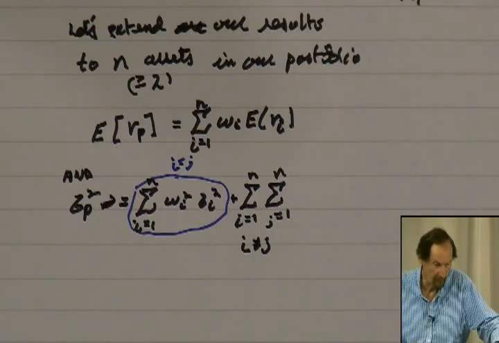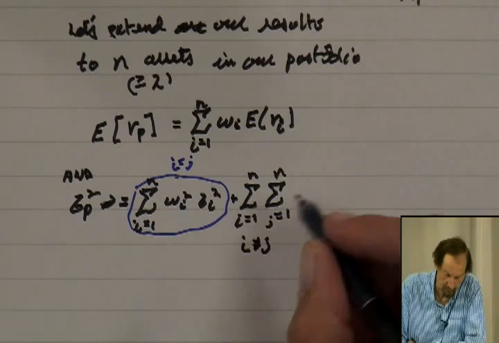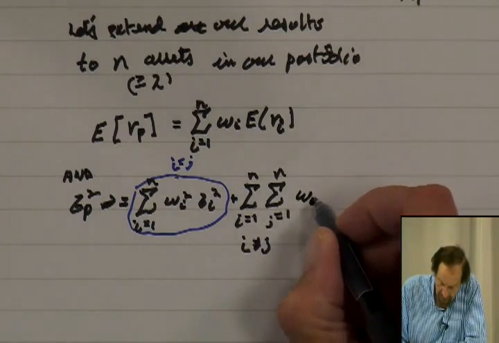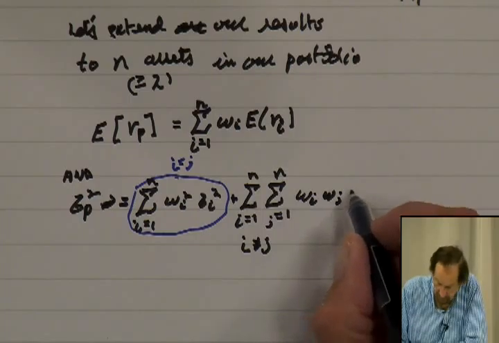So we have our variance terms, then we have our covariance terms, w_i w_j sigma ij.